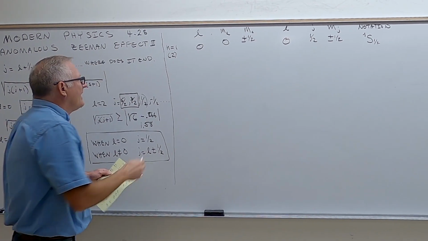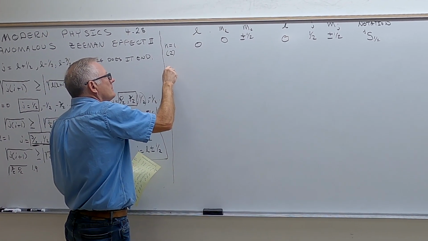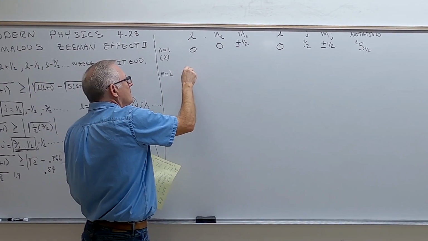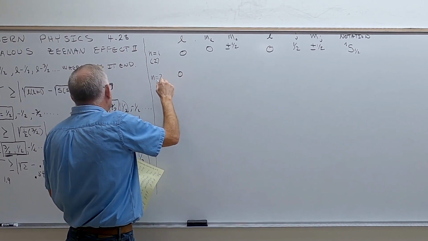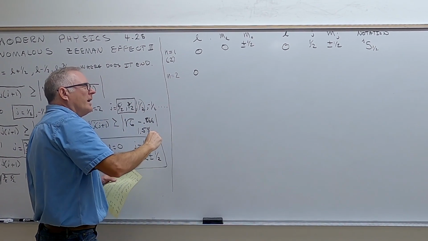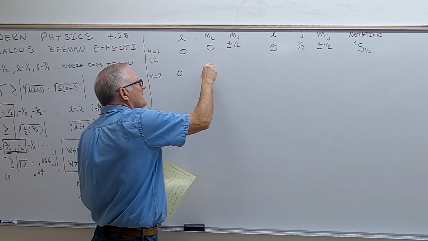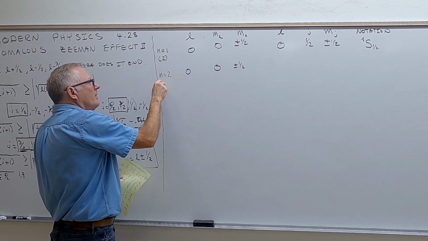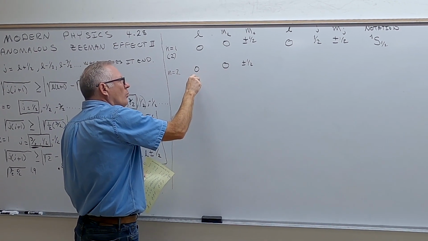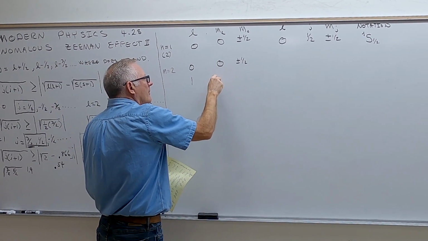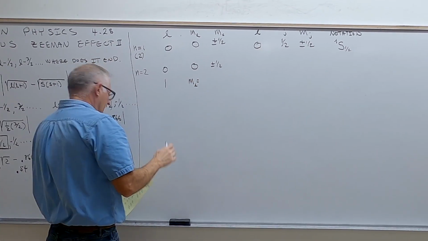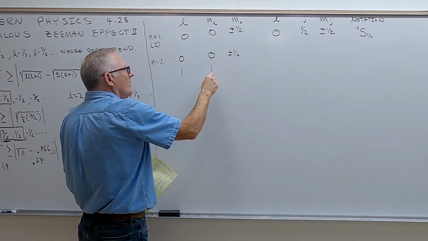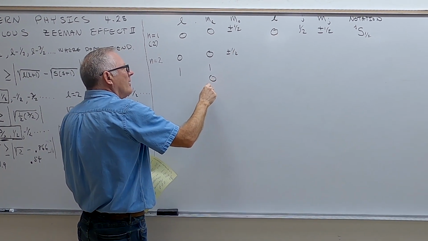Okay, well, let's look at the n equal 2. Well, L can be 0, because L can be anything 0 or 1, so it's going to be 0, and this has to be 0, and you get plus or minus 1/2. There's also, L can be 1, M sub L could be 1, or 0, or minus 1.